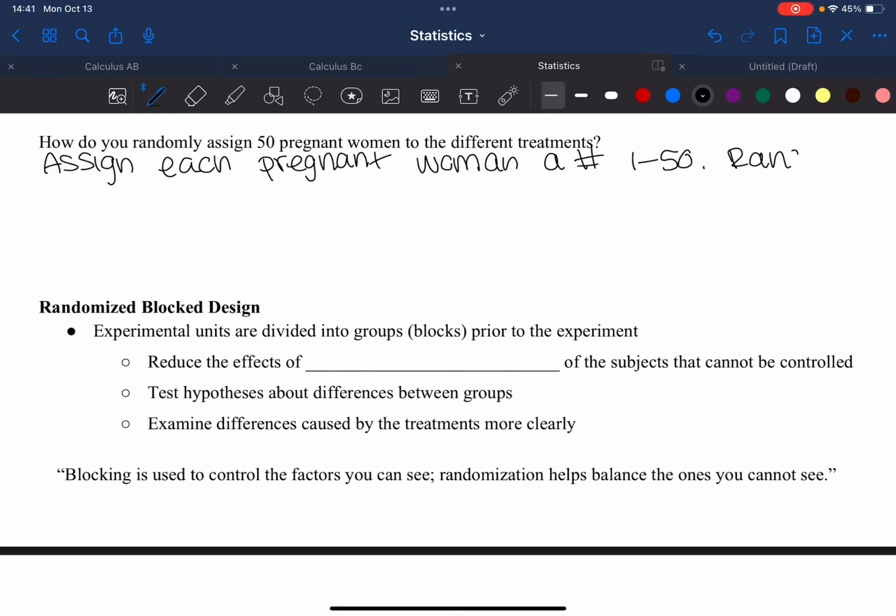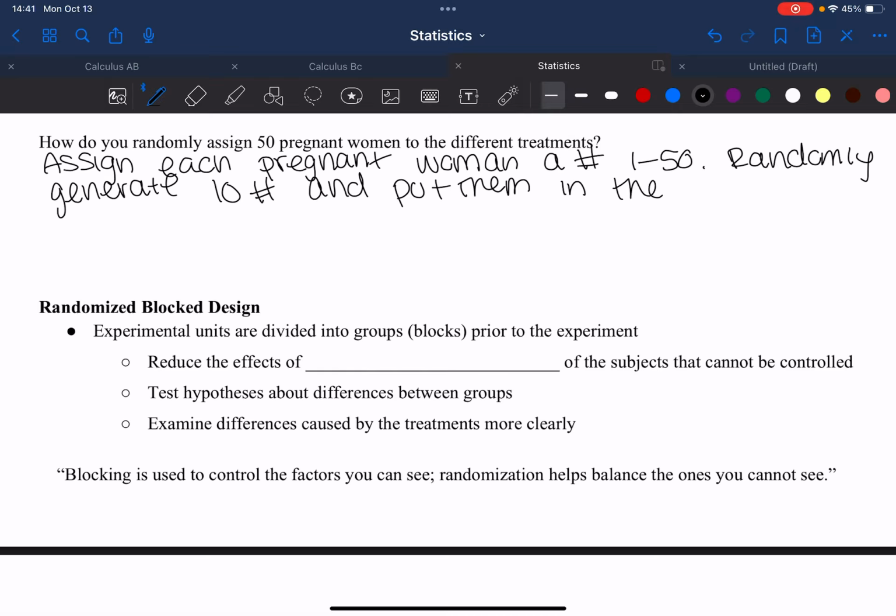We would randomly generate 10 numbers and put them in the first treatment group, which is the Rainbow Light.